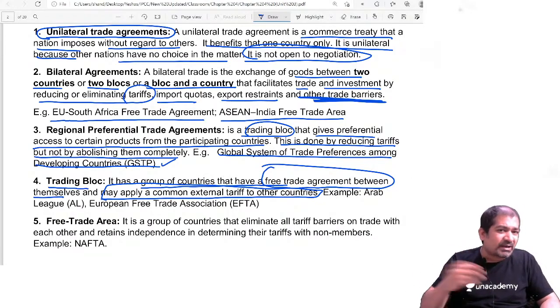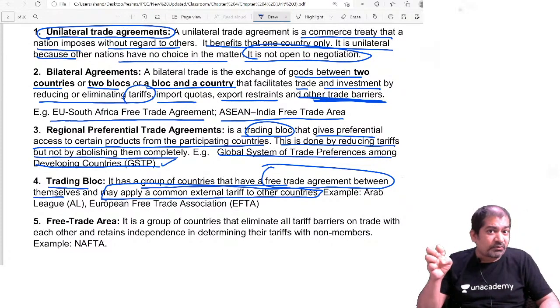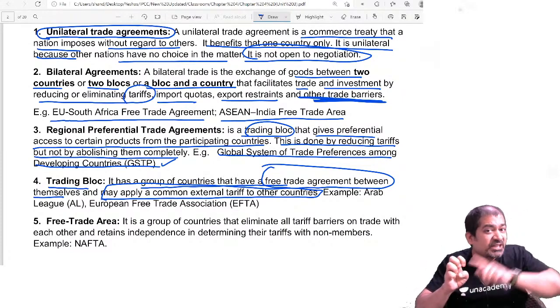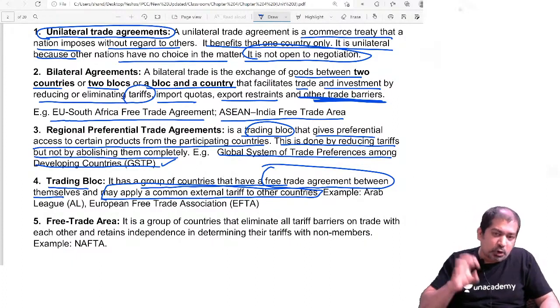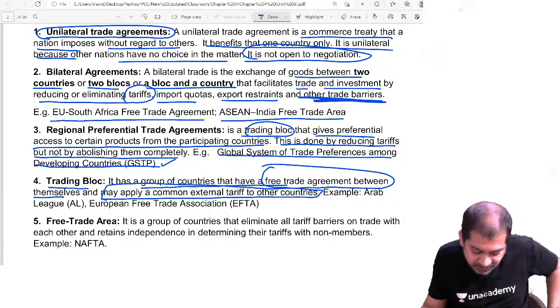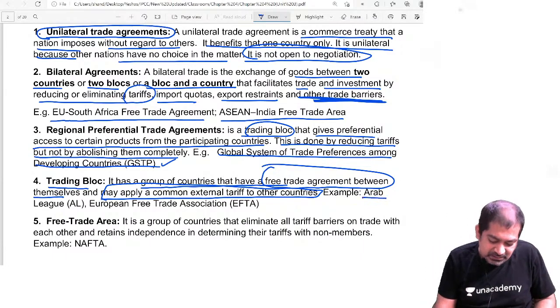So there will be free trade between us. But when we charge tariff on other countries who are not part of this group, we will charge the same tariff. That will make us even stronger. So a common tariff they will charge from other countries. For example, the Arab League, European Free Trade Association, and so on.